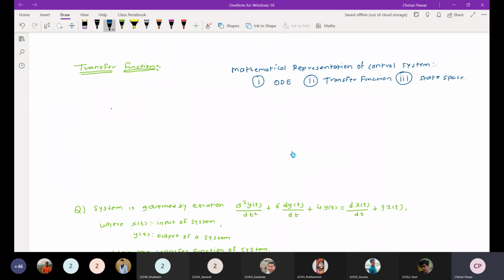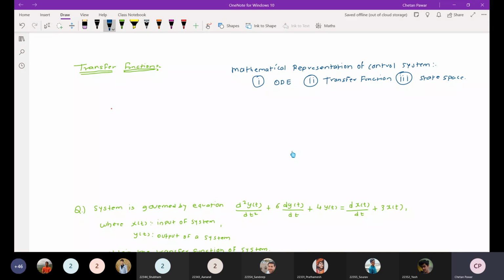As you know, if you take any electrical system or any control system, that system can be represented using ordinary differential equations if it has energy dissipating elements and energy storing elements.